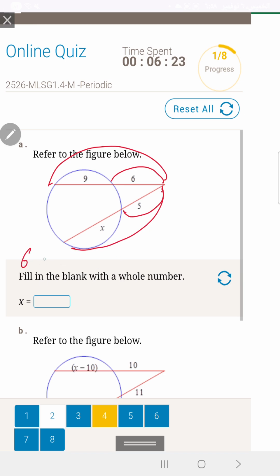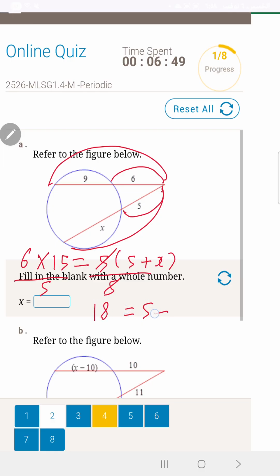It means 6, that's the external part, times 15, that's the whole secant, is equal to 5, that's the external part, times 5 plus x, that's the whole secant. Next step, we divide both sides by 5, cancel 5 and 5. Now 6 times 15 divided by 5, you get 90 divided by 5, 18, equal 5 plus x. Take 5 to the left side, you get 18 minus 5, 13, equal x. Like this we did part A.